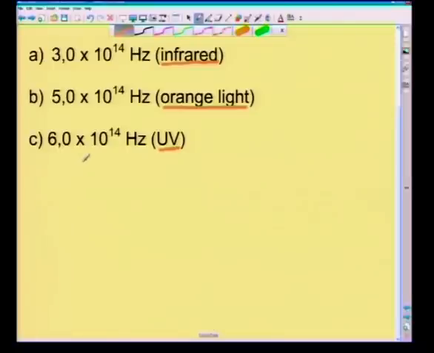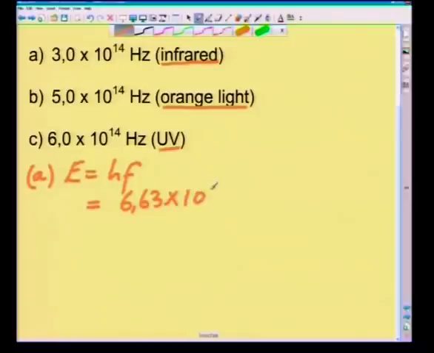Now, let's see how we can answer this question. Let's look at the solution for A. The energy equation is given by E equals hf. So a photon of infrared light will have this energy that will be found using Planck's constant. And remember Planck's constant? 6.63 by 10 to the power minus 34 times, what is f?